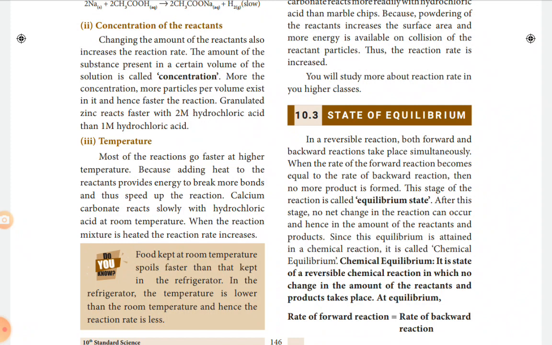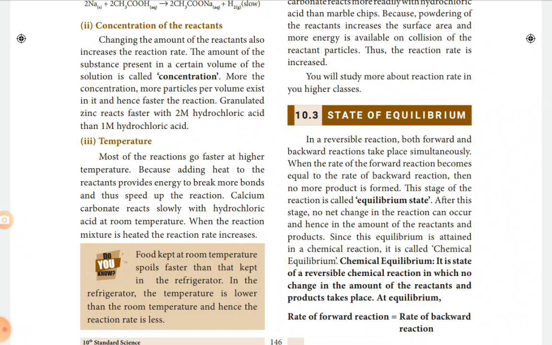So 2m HCl means more hydrochloric acid particles are there, more ions are there. So more ions vigorously react with granulated zinc to give zinc chloride and hydrogen. You can write the word equation, or write it using symbols and formulas.